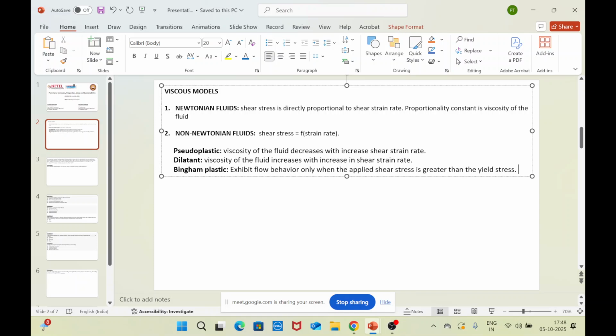So any interpretation on what kind of fluids that you see in your real life can match with these definitions that we have listed here? Any examples from anyone at least?